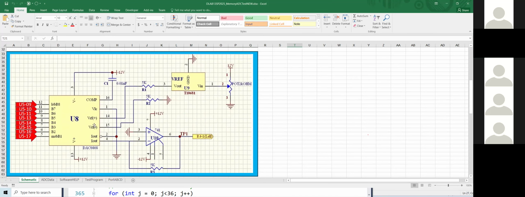Okay. Now this is the DA converter circuitry. U8 is the input binary. This connects to the output of the memory. They will be converting from binary to analog.